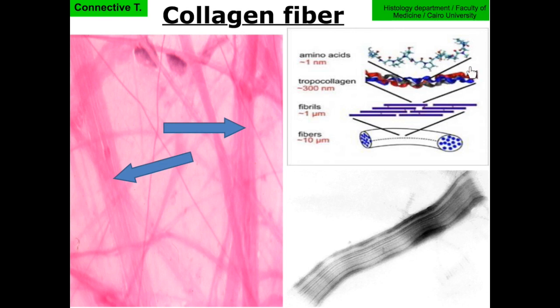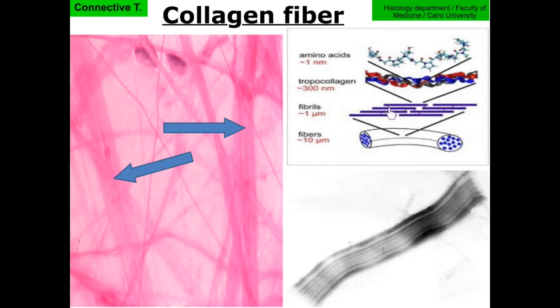Here they are, three polypeptide chains, 1 and 2 and the third, and these will form the tropocollagen or the collagen molecule. These collagen molecules or tropocollagens will aggregate together in this staggering manner to form the collagen fibril, which is 1 micrometer in diameter.